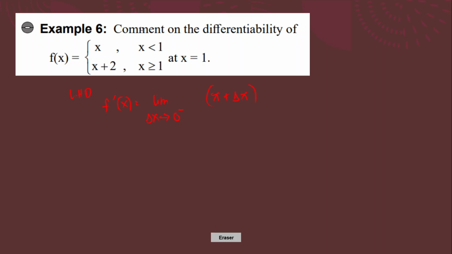Ay, left ito, so minus ito. Minus x all over delta x. So this one would be, magka-cancel to. Negative ito, so this is equivalent to 1.